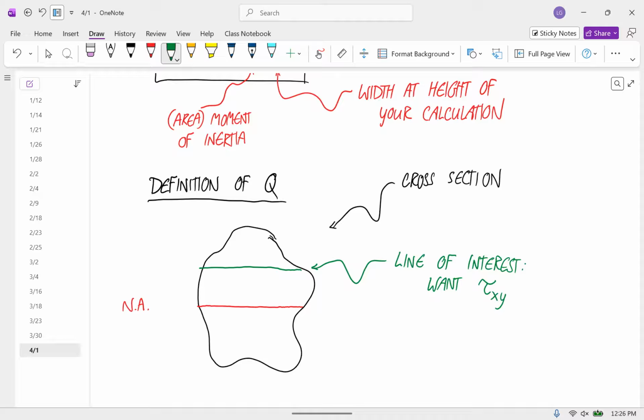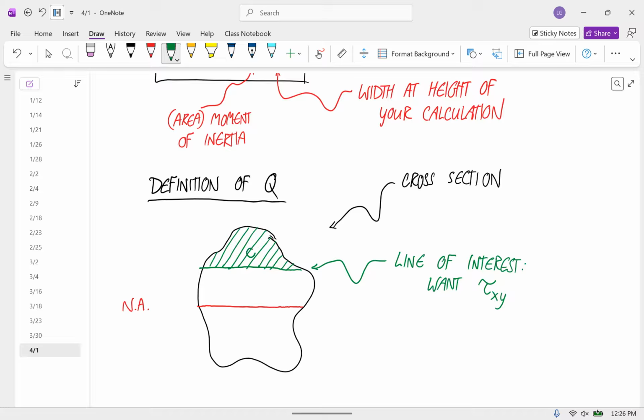Calculate the area above that line of interest. And then calculate the centroid of that shaded area, all of the stuff above the line of interest.